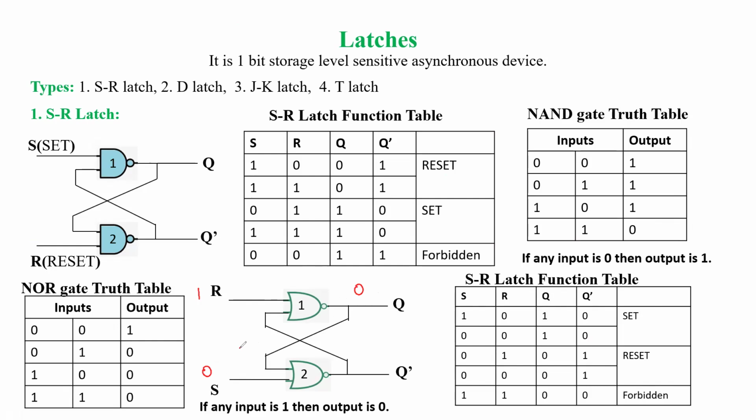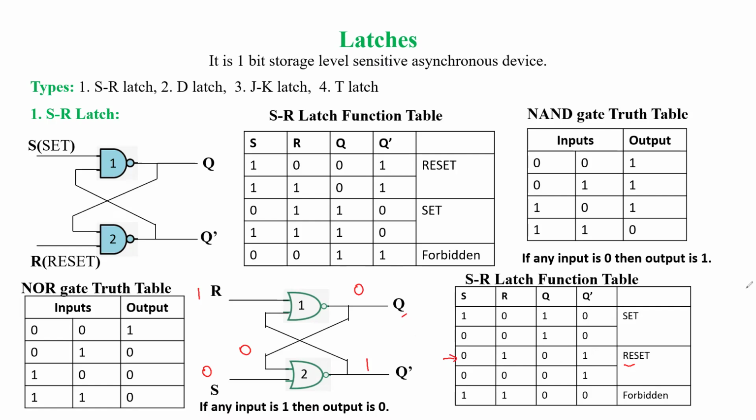Now this 0 is given as input to NOR gate 2, so both inputs are 0. What will be the output? The output will be 1. So we see that Q is 0 and Q dash is 1, so the device is in the reset condition. This is the combination we are seeing here.